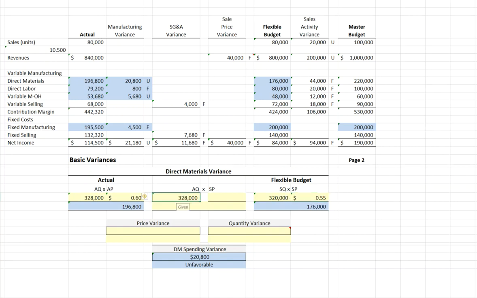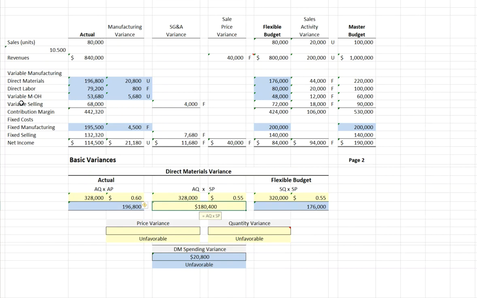Let's fill in our center column. We're going to take our actual quantity purchased, 328,000 at a standard price. We would have expected to have spent $180,400 to purchase that much material.